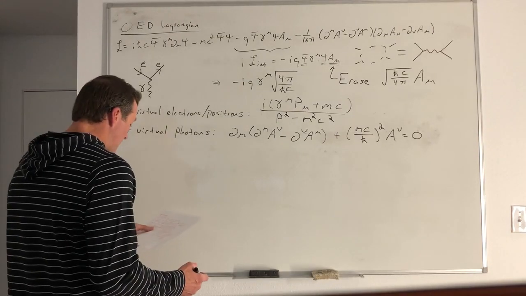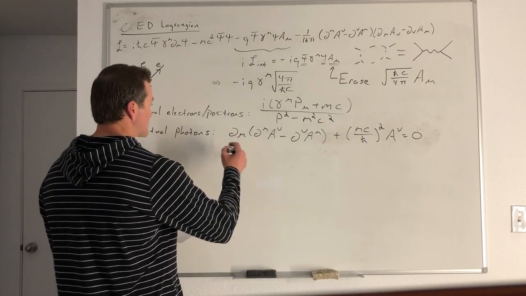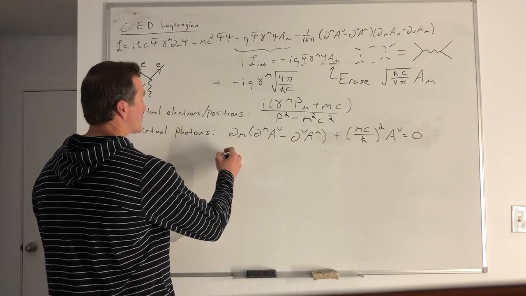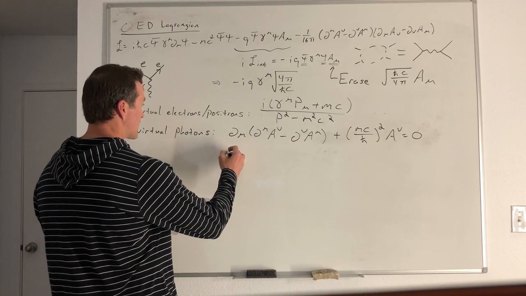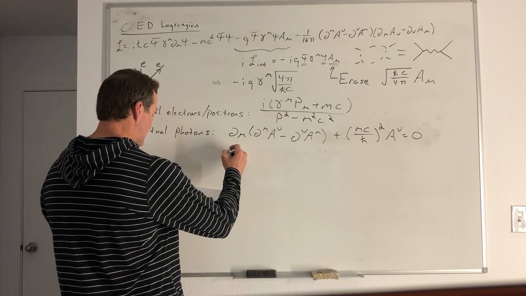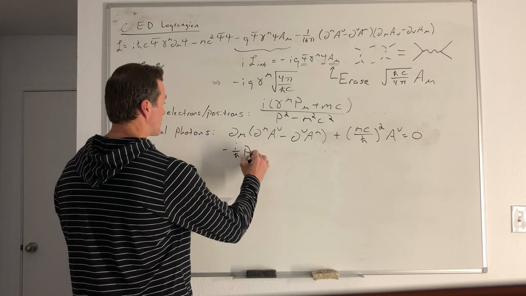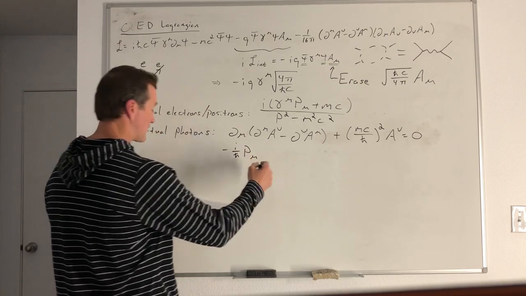Okay, so first of all, let's put this in momentum space. So we're going to do the usual d mu goes to minus i over h bar p mu, and get rid of the h bars. Well, actually, I'll keep the h bars for a moment. So minus i over h bar p mu, that's just replacing that derivative.